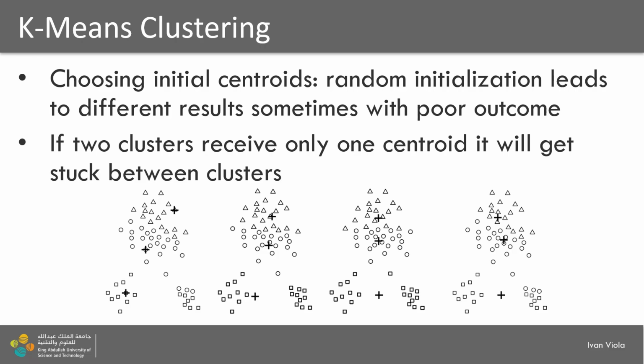we can have some example where two clusters which are somewhat well separated receive just one centroid. Then, like we will observe in this case here, these clusters might end up having the centroid between them.